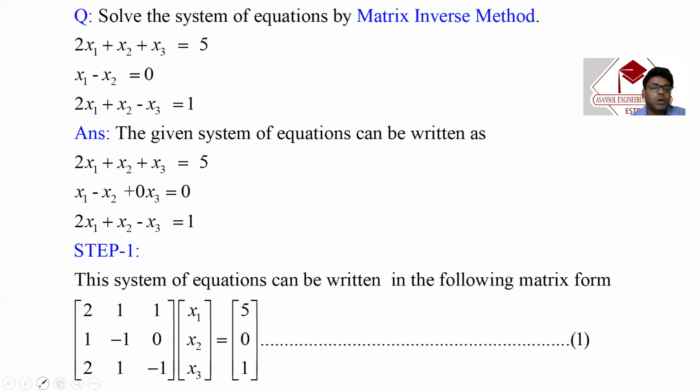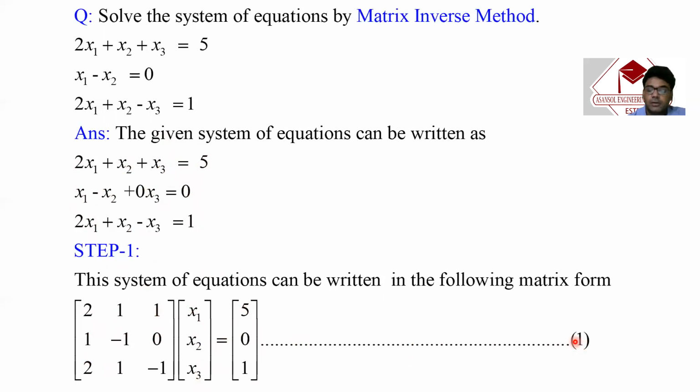Coefficients of x3: 1, 0, minus 1. This is a column matrix of variables x1, x2, x3 equals the right hand side 5, 0, 1. Is it clear? Here I'm considering this as equation number 1. So this is all about the first step.